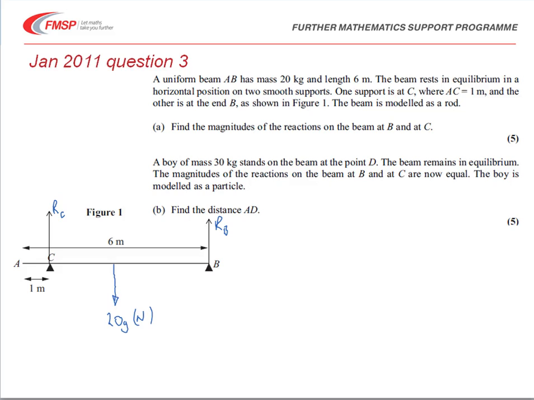We're given some information about the reactions, saying that they're now equal, and we need to find the position that the buoy is standing in. We'll leave that until later on.